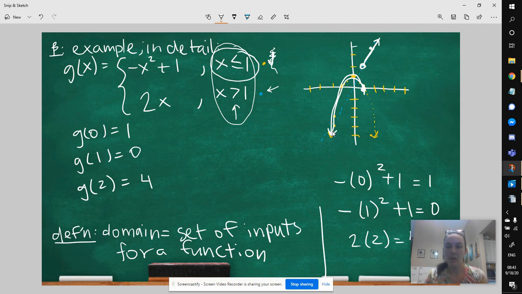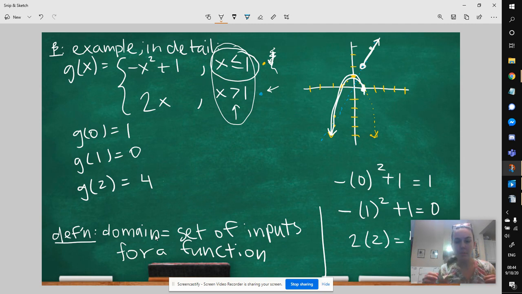The yellow parabola opens down, the blue line is there, and then when I'm actually graphing this piecewise function in white, I'm tracing over the yellow line when x is smaller than 1, so everything to the left of 1, including 1, and to the right of 1, I'm tracing over the blue line.